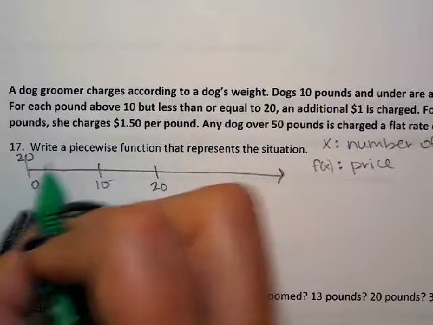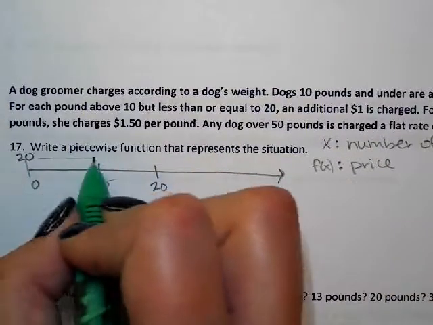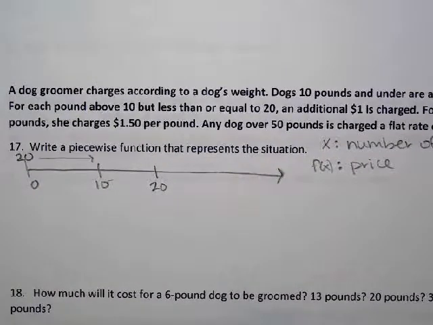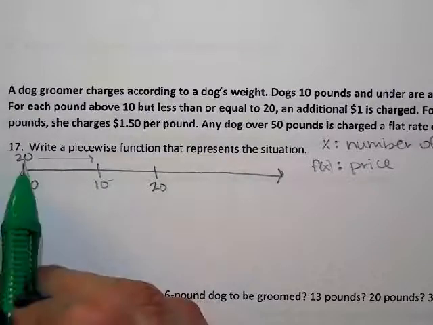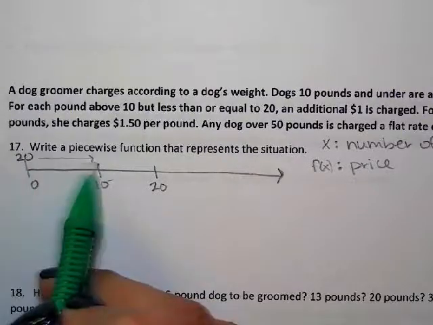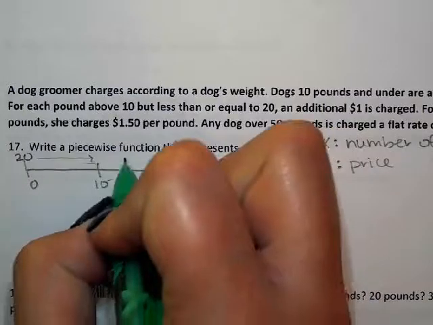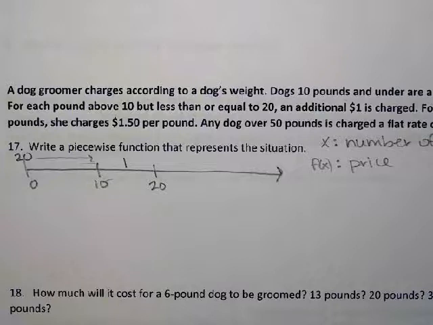These are all just going to be 20 up to here. Yeah, you could write it there, because it's going to be 20 regardless. No matter how much it weighs, up until 10, it's going to be $20. What's the answer? $1. So from 10 to 20 pounds, it's $1 per pound.